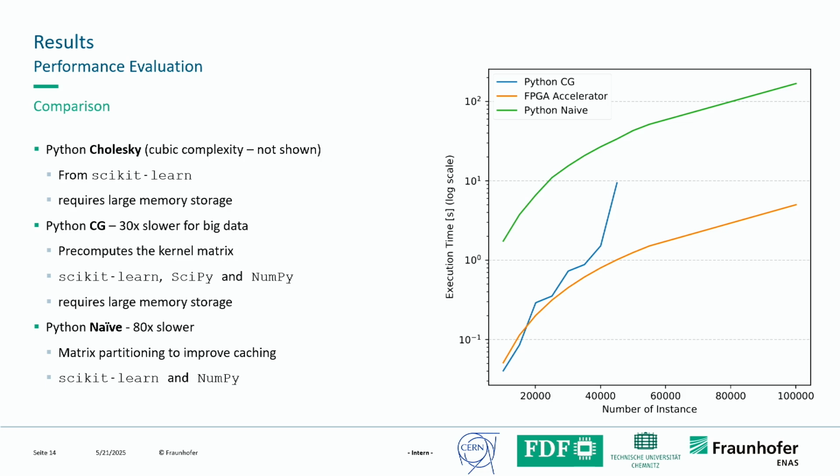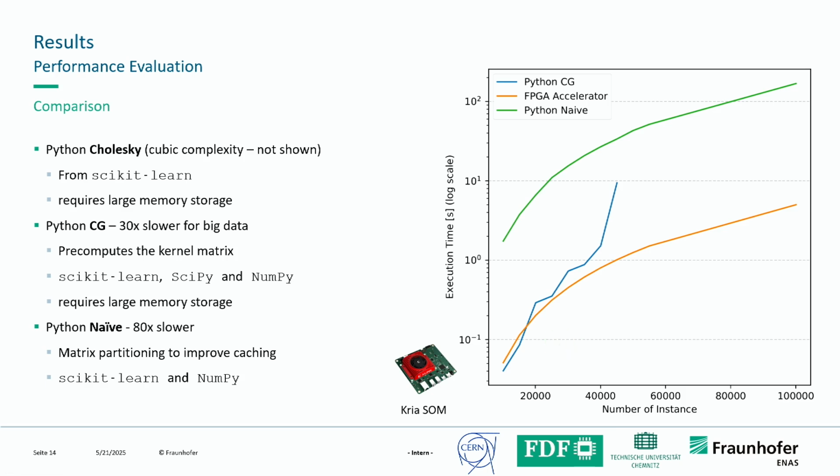Other implementations, like CG here, a combination of scikit-learn and SciPy, calculate like our algorithm with the CG method. You see the blue line at first, and the orange line is our accelerator running on the FPGA. By the way, this is run on one small Kria board, and this is where the results are from. But in principle, we could use more Kria boards or even bigger accelerator cards. At first, you can see the Python implementation is a little bit faster for up to approximately 18,000 data points in your dataset.